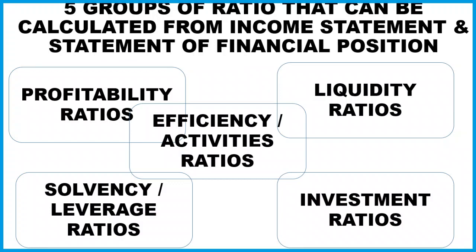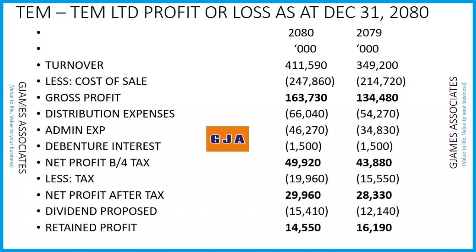Profitability ratio, we are going to be looking at now, how to calculate a bit of it. But apart from profitability ratio, some other ratios that could be calculated are efficiency or activity ratio, solvency ratio or debt ratio, leverage ratio, investment ratio, and liquidity ratio.